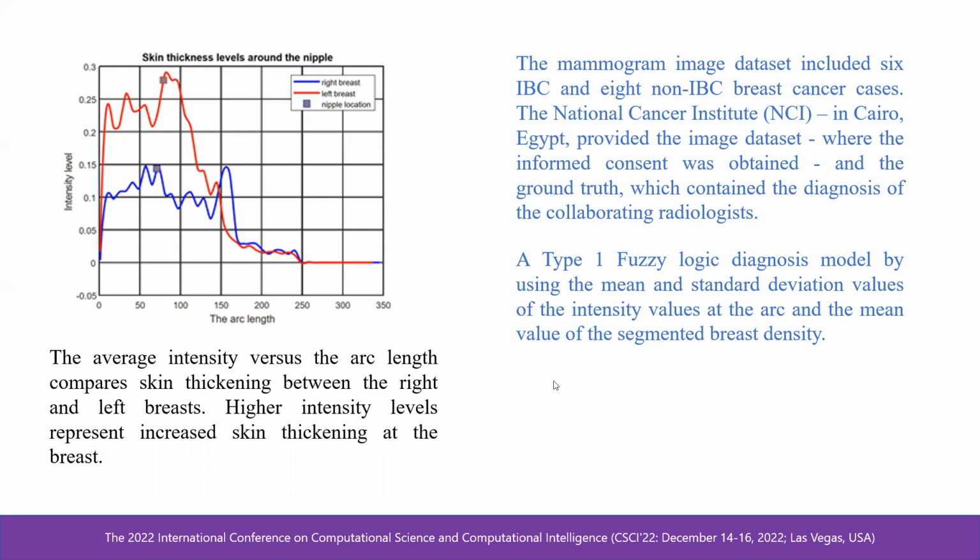We designed a type 1 fuzzy logic diagnosis model by using the mean and standard deviation values of the intensity values at the arc and the mean value of the segmented breast density.